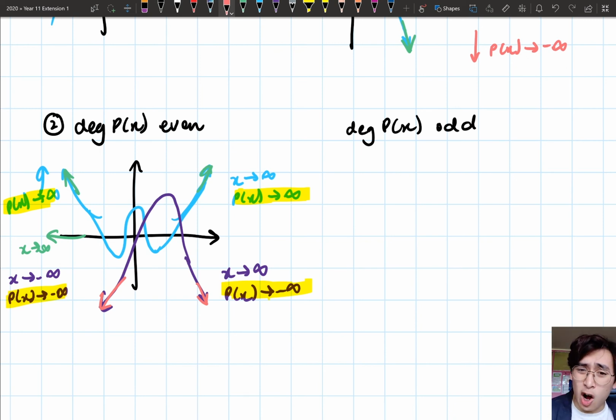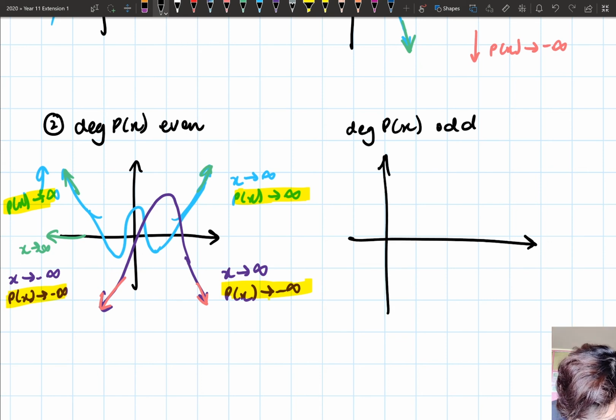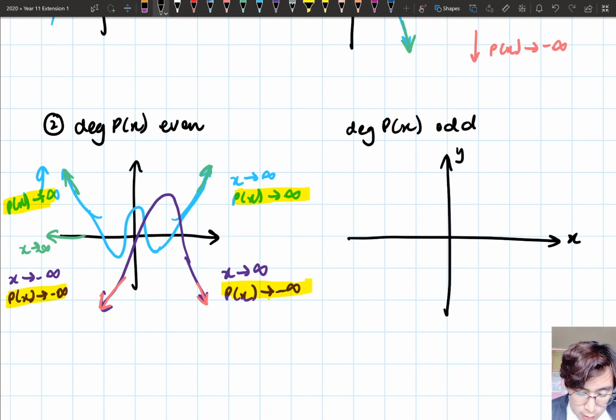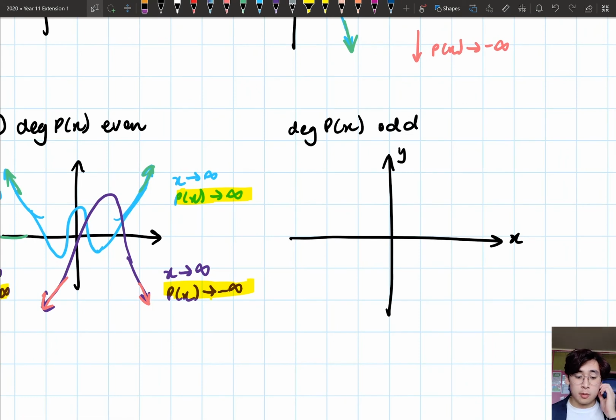Now, if it's odd, it's the opposite of that. Instead of matching, it actually goes in opposite directions. So let me do a couple of examples of this. Let me draw it a little bit better. Actually, it should be more centered on x and y. If the degree of the polynomial is odd, what this tells me is, if, for example, on one of my polynomials, let me do it in orange, x goes to infinity, p of x goes to infinity as well.